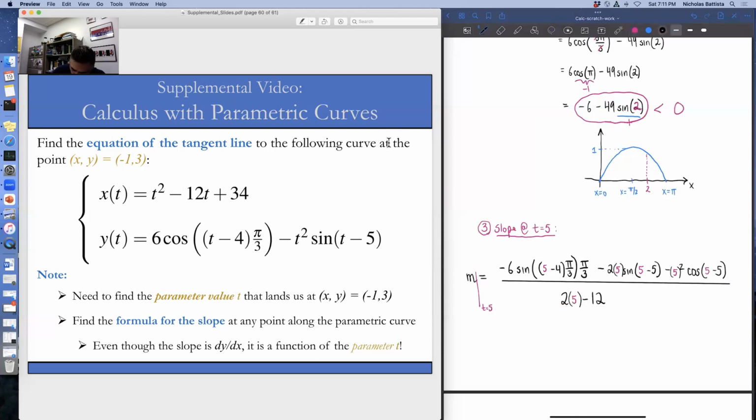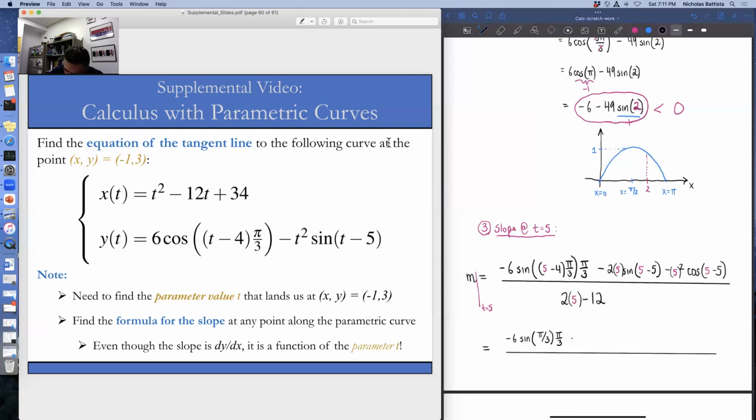Let's see what this reduces to. In the numerator, we have -6 times sine of 5 minus 4 times pi over 3. 5 minus 4 is 1, so this looks like sine of pi over 3 times pi over 3. Let me just start writing that numerator. All right, next, what do we have?